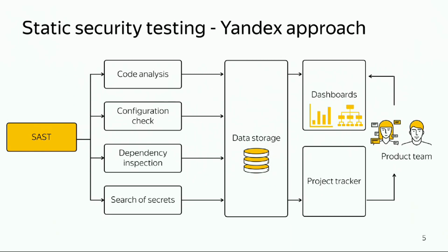And the last part of our SAST approach is the secret search. It's an interesting part, because it means searching for private and secret information in source code. For example, sometimes you can find an OAuth token in your source code.